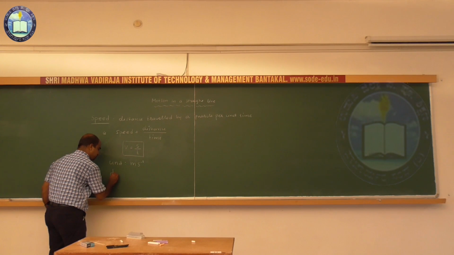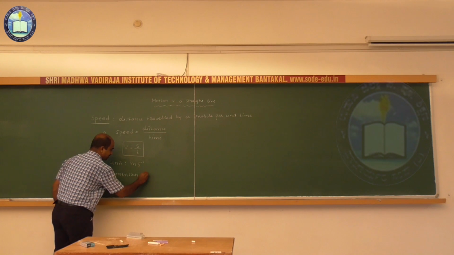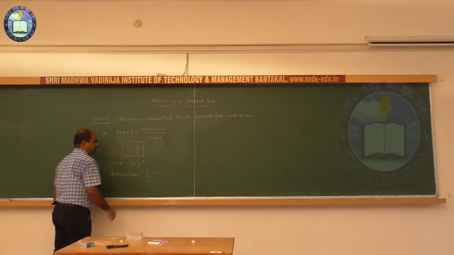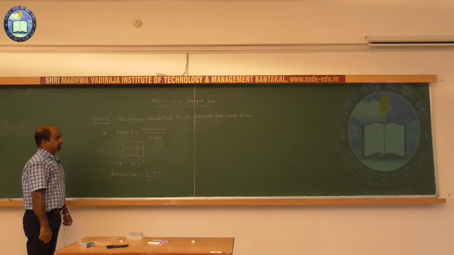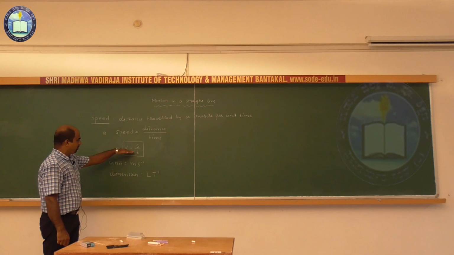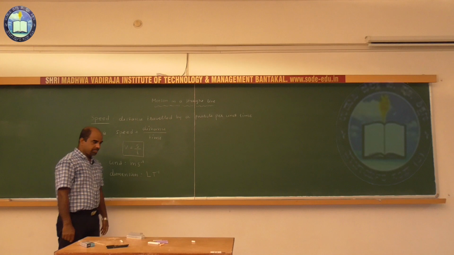Dimension of the speed, we studied about this in our last video. Remember, dimension L to the power of 1, T to the power of minus 1. So this is about the definition of the speed, mathematical expression for the speed, unit and dimensions.